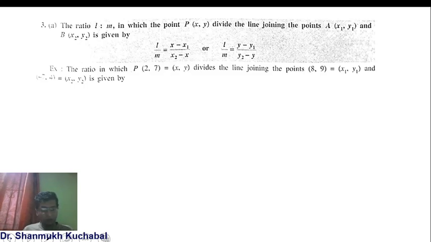Here L and M is a ratio, and point A has coordinates x1 and y1, and the other is point x2 y2. Using this we have to simplify it.